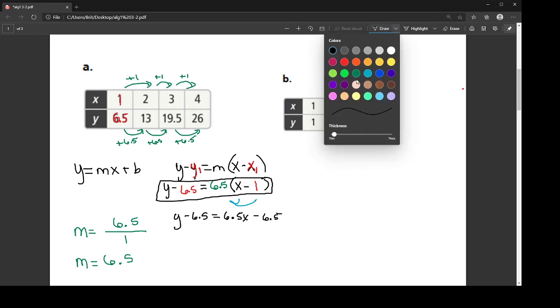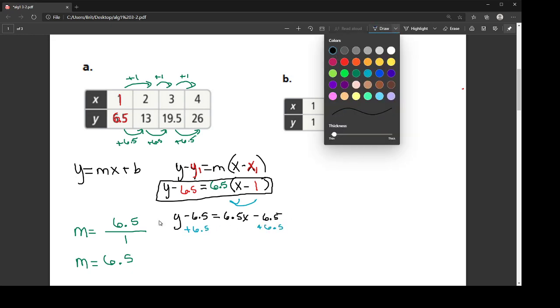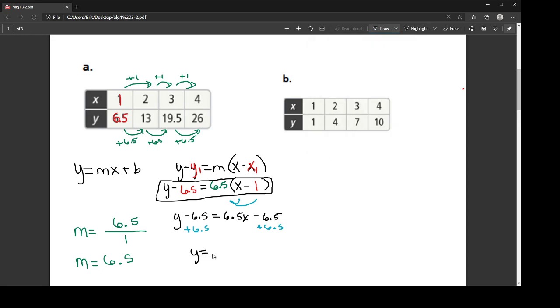Then to get the y alone, I'm going to add 6.5 to each side. And that gives me y equals 6.5x. So that's another version of the function rule, which is completely acceptable.